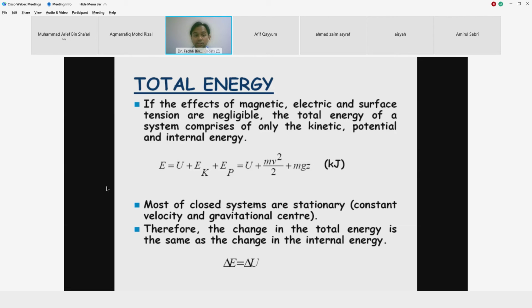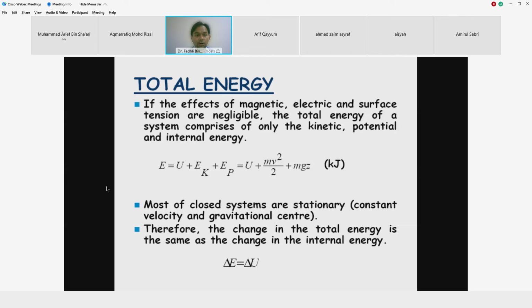Since your chair and table have molecules inside, they actually have their own internal energy. So the total energy of the system that you are sitting in comprises only three types of energy: kinetic, potential, and internal.